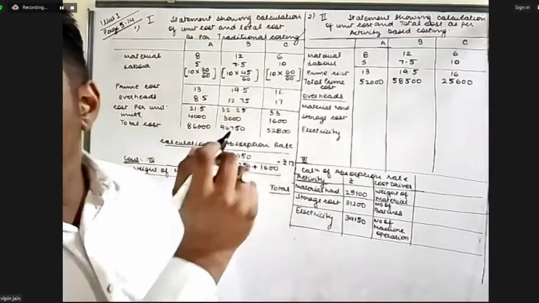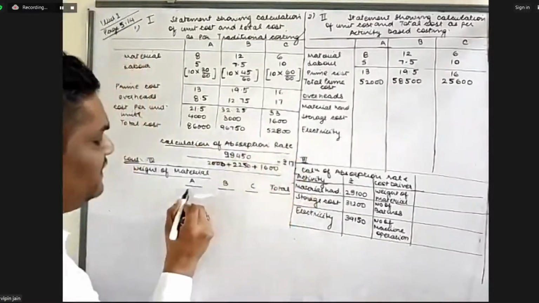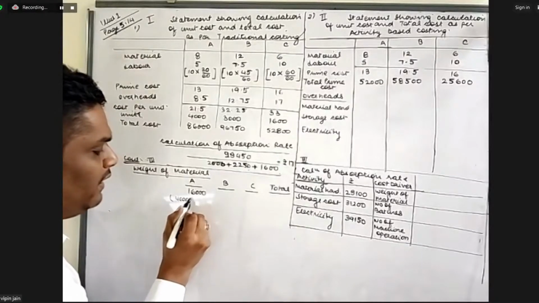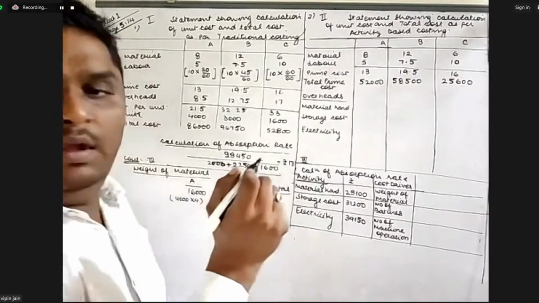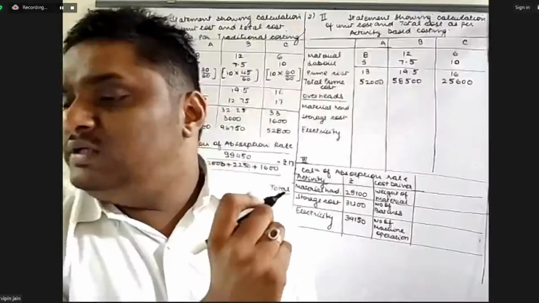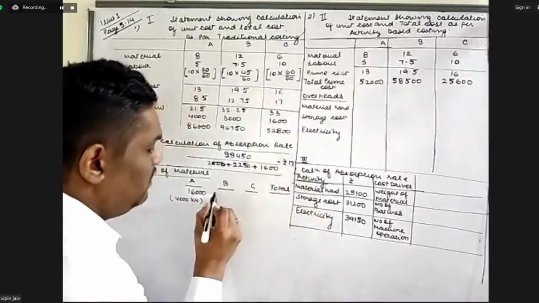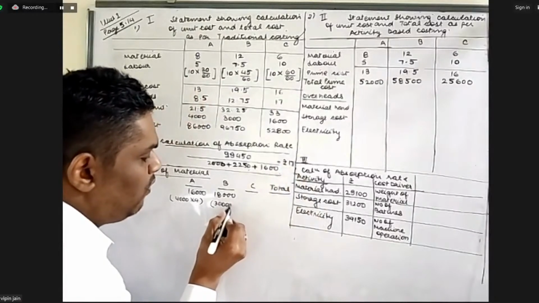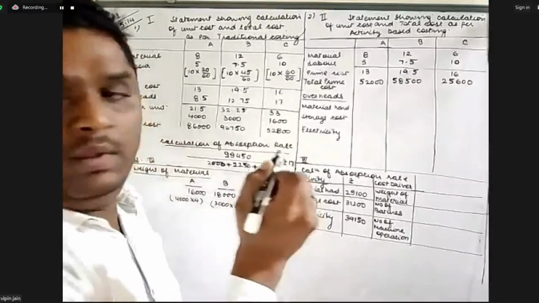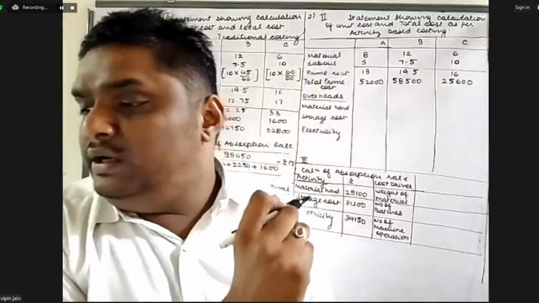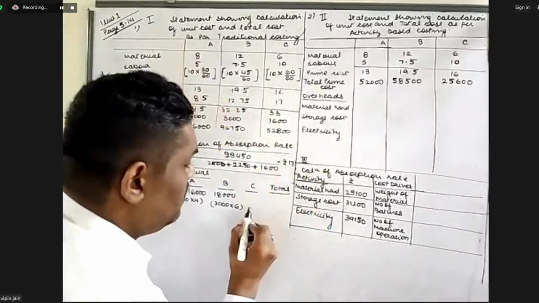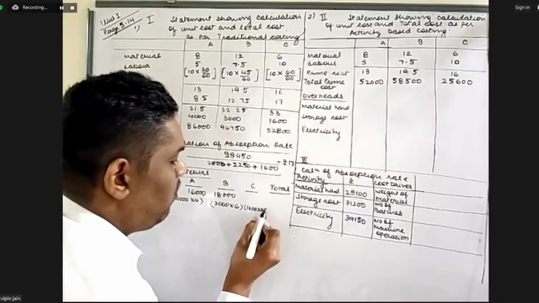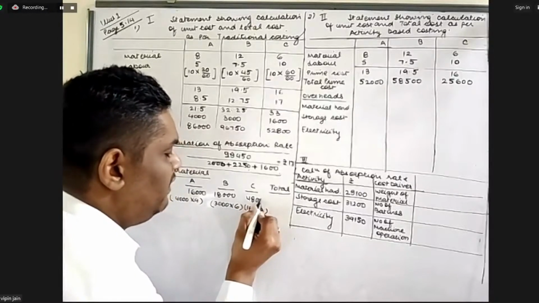So 4,000 into 4 kgs, so this will be 16,000. When talking about B, it is 3,000 into 6, so this will be 18,000. And last is 1,600 into 3, so this will be 4,800.